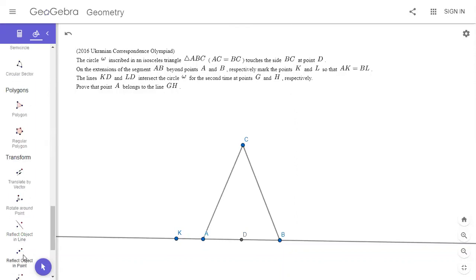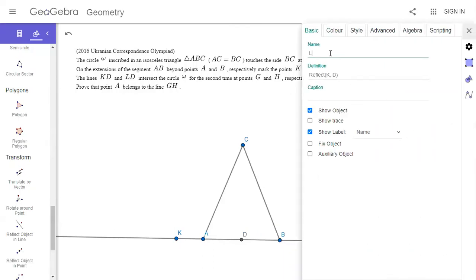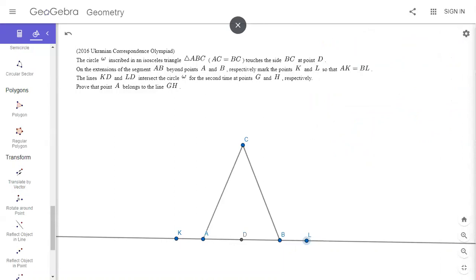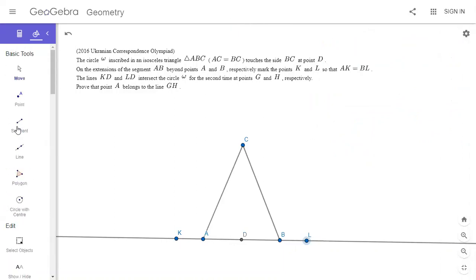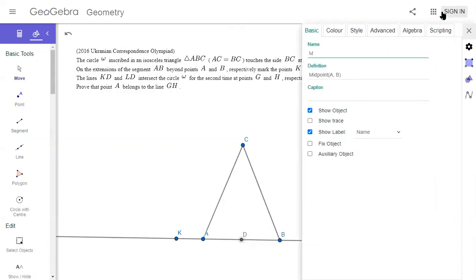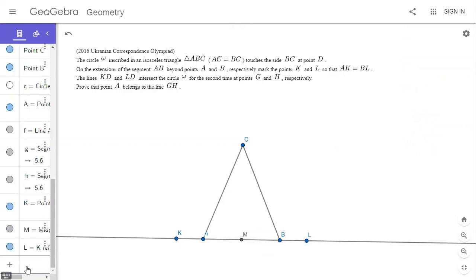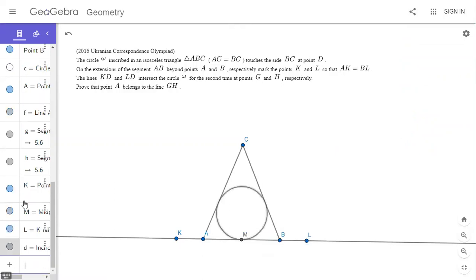If I reflect K about D, I want this to be point L. Oh, because I already defined a D. I'll call this M. And I want to draw the incircle, and I'll let I be the incenter.